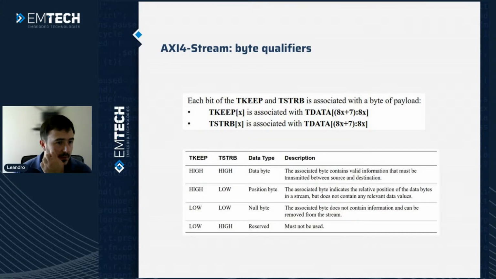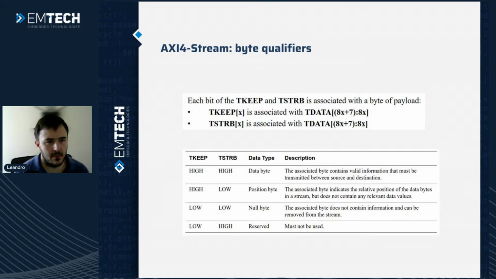And to do that, well, the t-strobe, whether it has to be all high or I think not used, you will see that the width of the t-keep is equal to the width of the t-data divided by 8 because it presents 1 bit per each byte of data in the t-data.